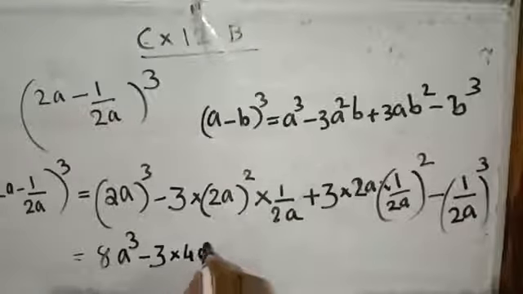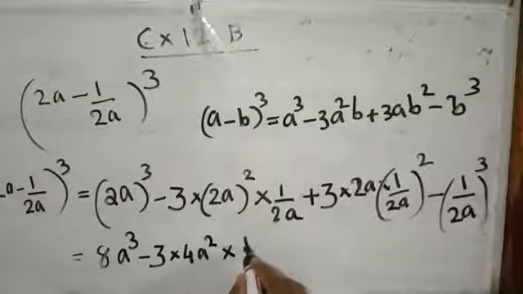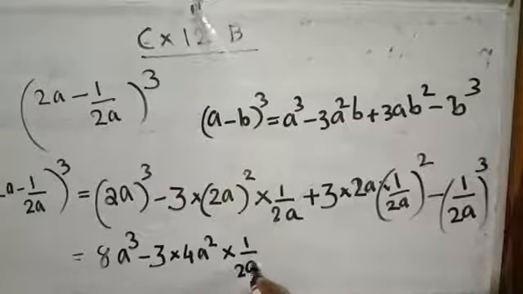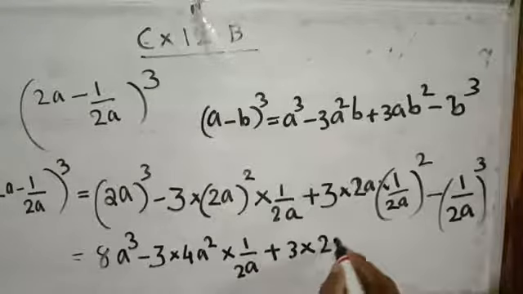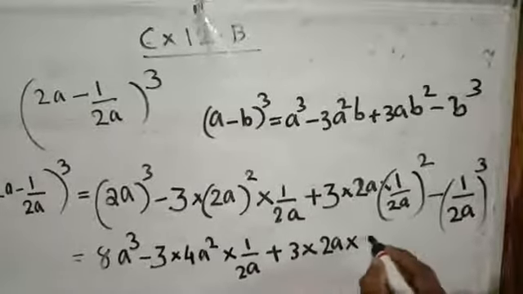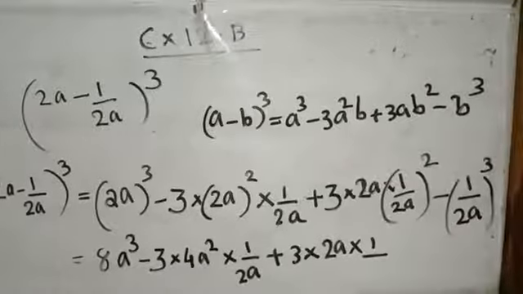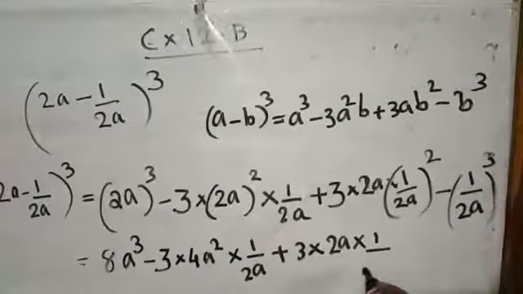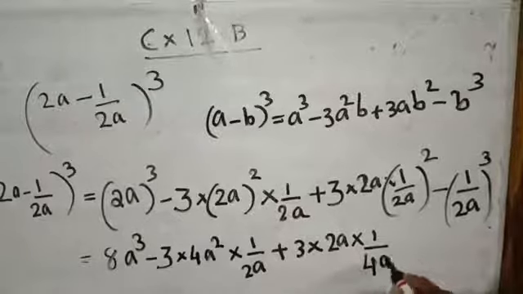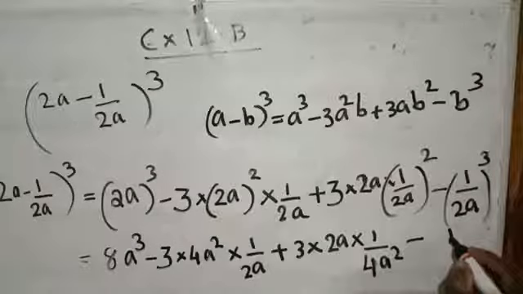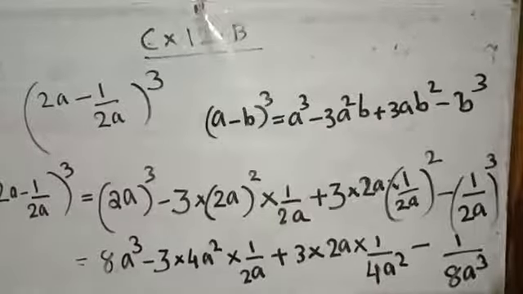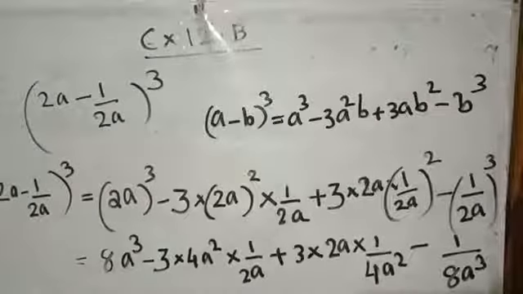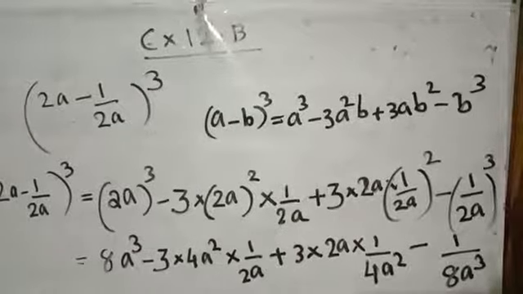So 4a square into 1 by 2a plus 3 into 2a into what is 1 by 2a the whole square? 1 by 4a square. 4a square minus 1 by 8a cube. Okay.